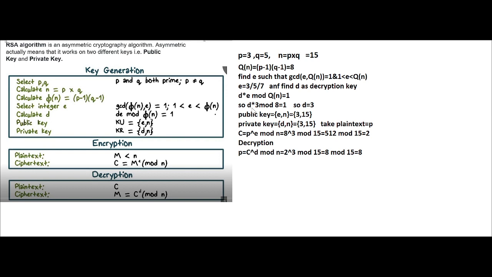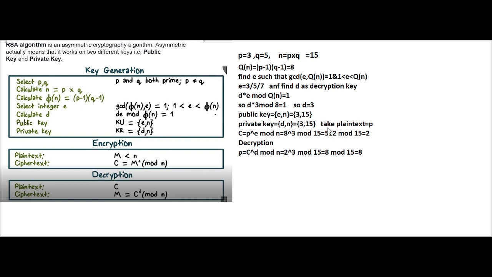If I take 3, then 3 into 3 is 9, 9 mod 8 is 1. So this criteria is also fulfilled if I take D equal to 3. In this way I get E equal to 3 and D equal to 3. So the public key is E comma n, 3 comma 15, and the private key is D comma n, 3 comma 15. In this way we get the public key and private key.